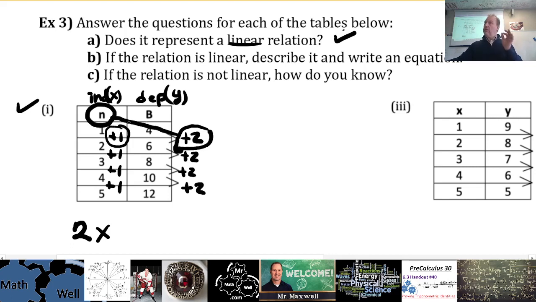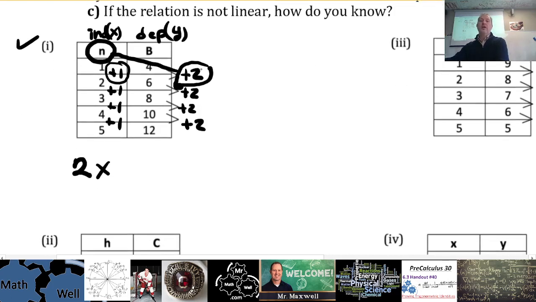Can I just give you a hint though? When the questions get a little bit trickier, you're going to have to write 2 divided by whatever this change is. So it's actually 2 over 1 times x. But because these are all changes of 1, you don't have to do that. It's always this number divided by this number times this number. Okay, that's where you start.